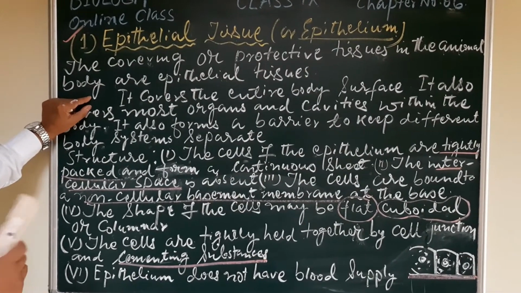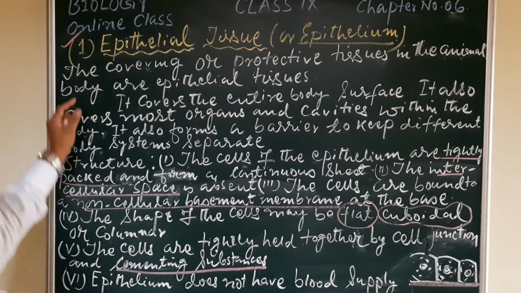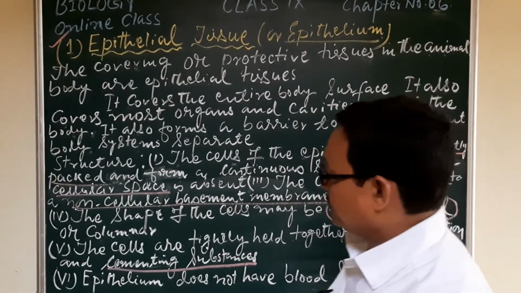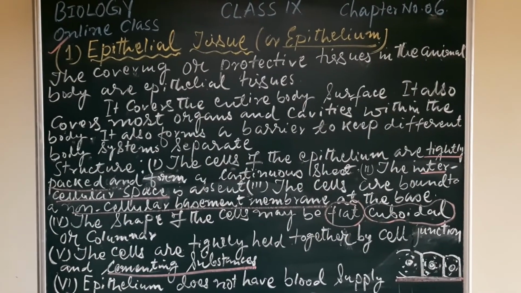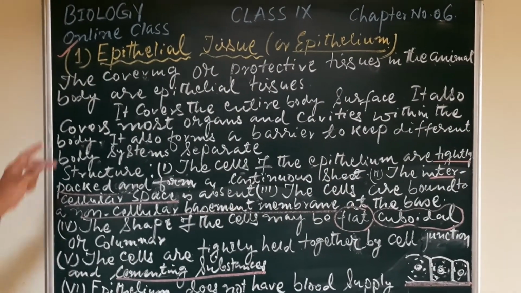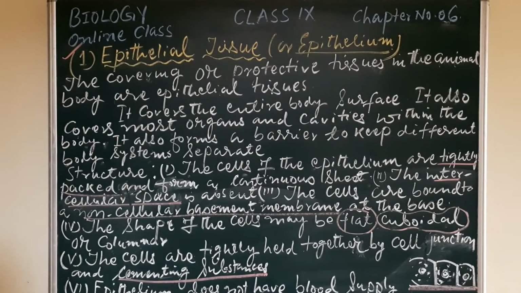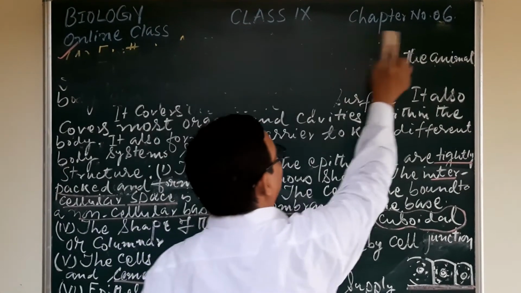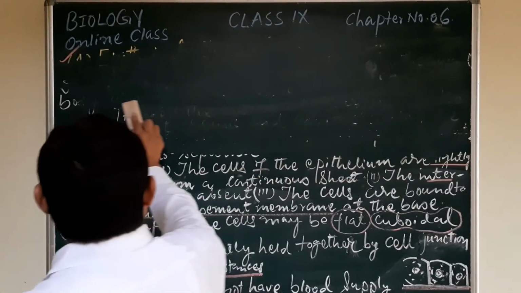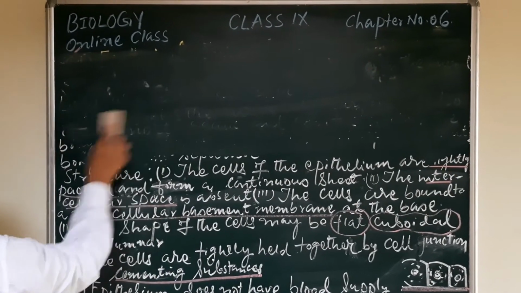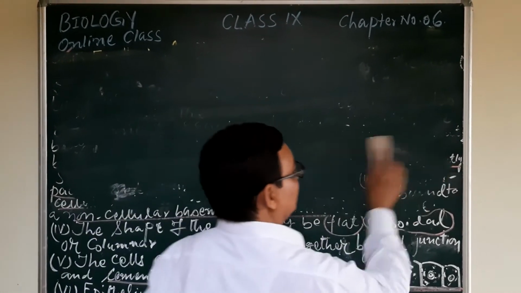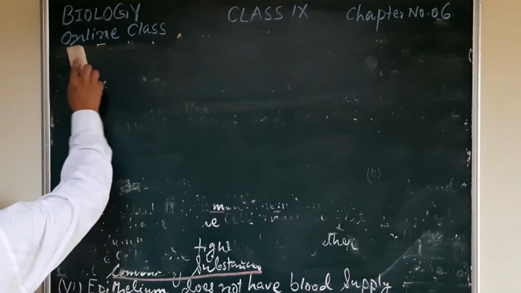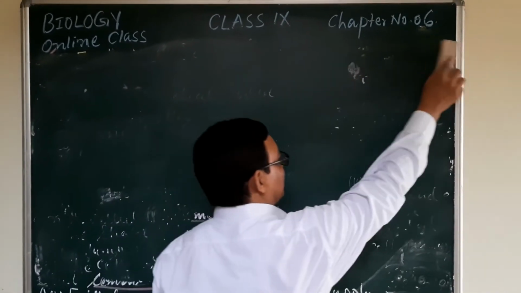As regards their occurrence or distribution in the body, it covers the entire surfaces, and some important organs and different parts of the body are also covered by this type of tissue. In the next part we will see the different parts of the body where it is present and its important functions.